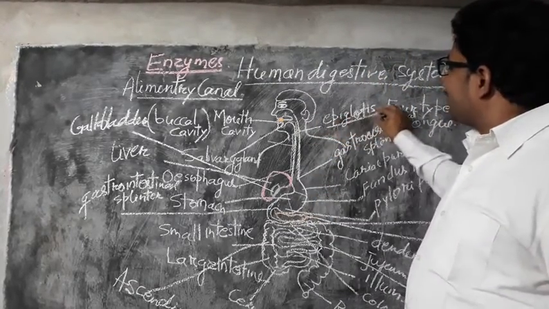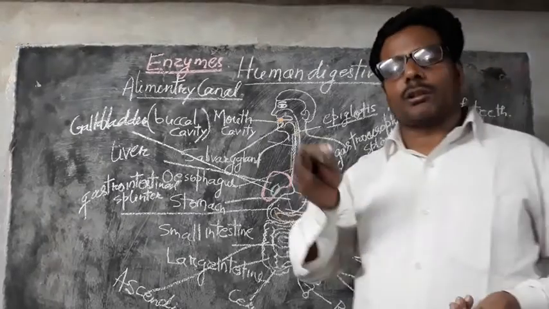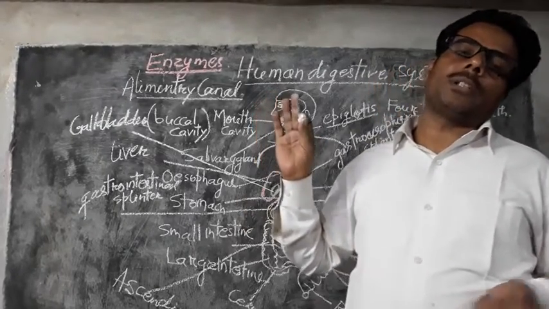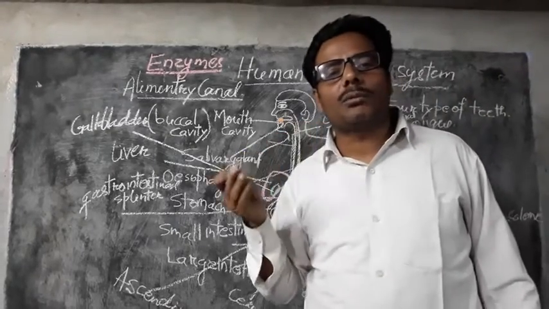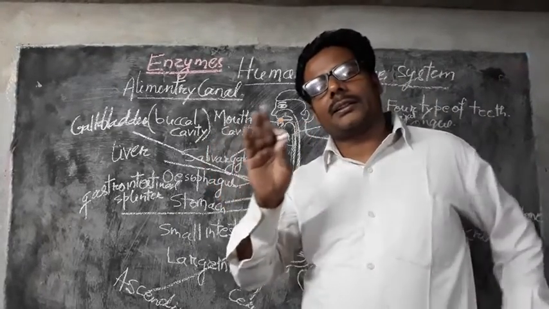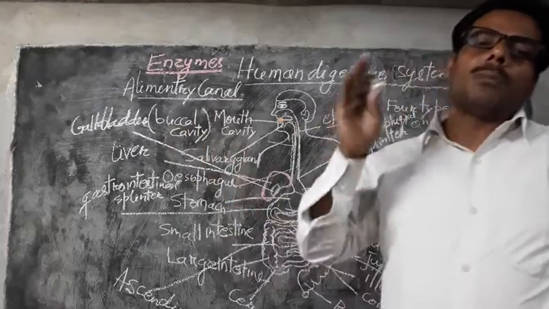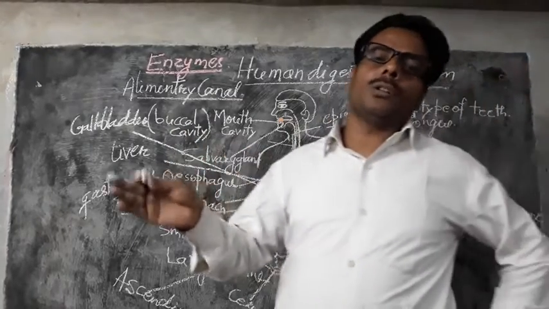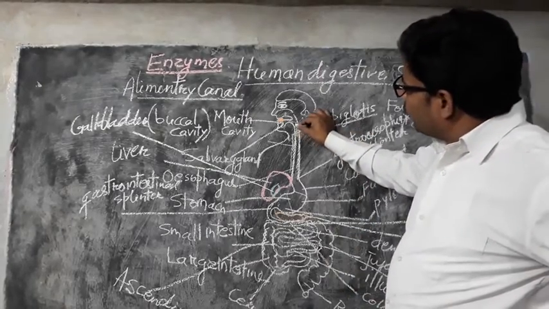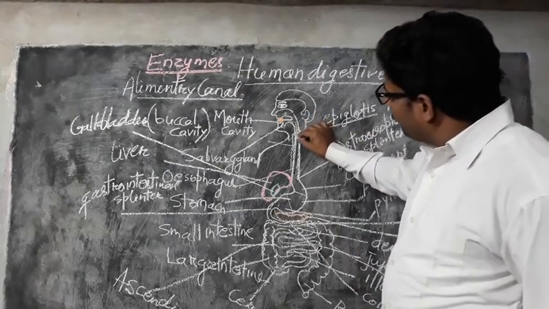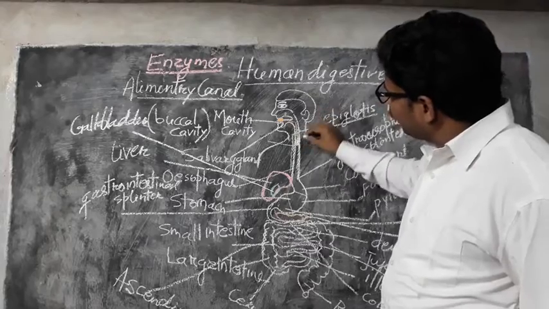This epiglottis works continuously and tirelessly, like the heart. It keeps preventing the entering of food into the windpipe and wind into the food pipe, so that the food passes into a tube.